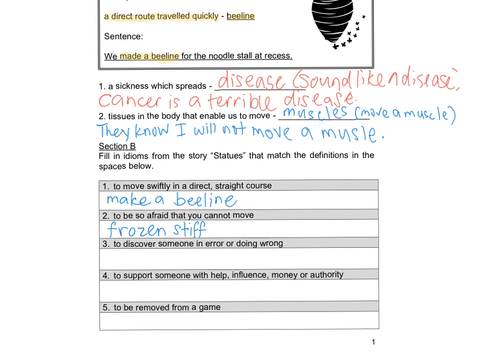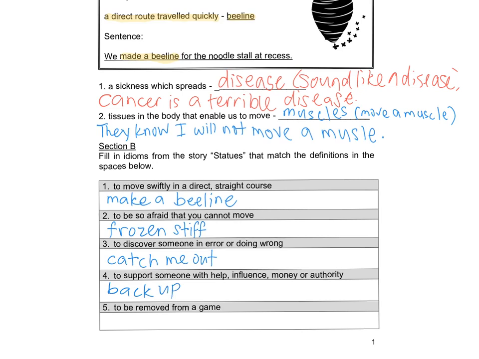Okay. Number 3, to discover someone in error or doing wrong. That would be catch me out. Number 4, to support someone with help, influence, money, or authority. That would be back up.